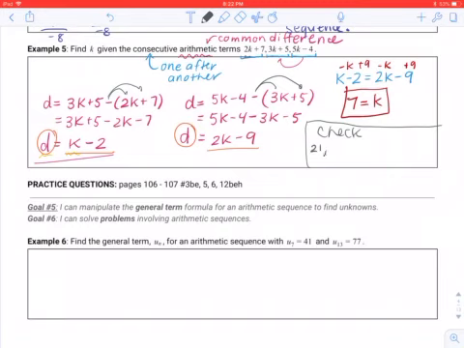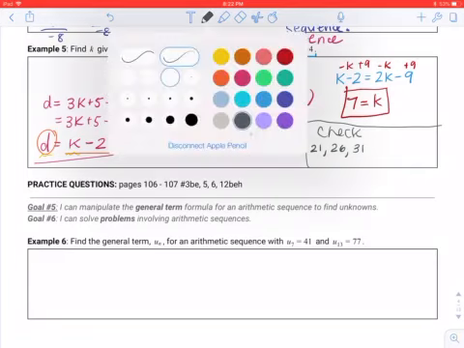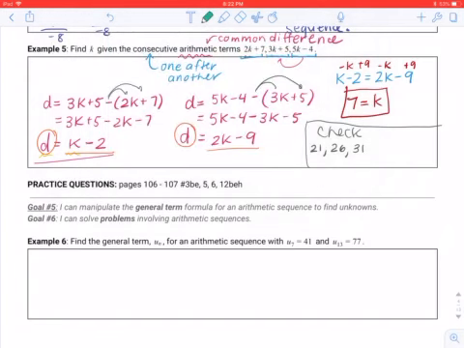I can do the same thing for my second term. 3 times 7 is 21, plus 5 gives me 26. And then finally I've got 5 times 7, 35, subtract 4 gives me 31. And you can see for this sequence that these are consecutive arithmetic terms because I have a common difference of 5. So that tells me that I've done the calculations correctly.